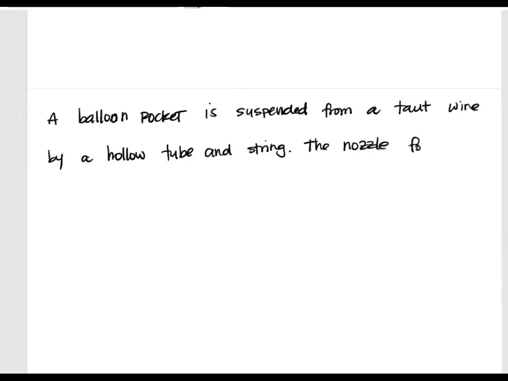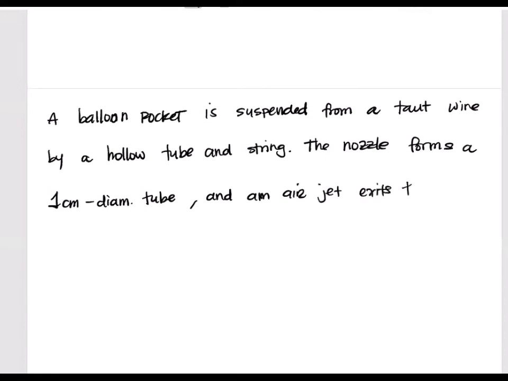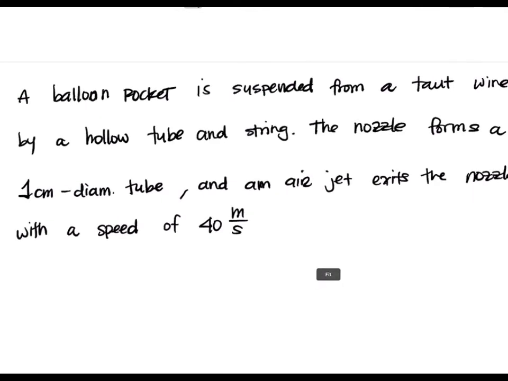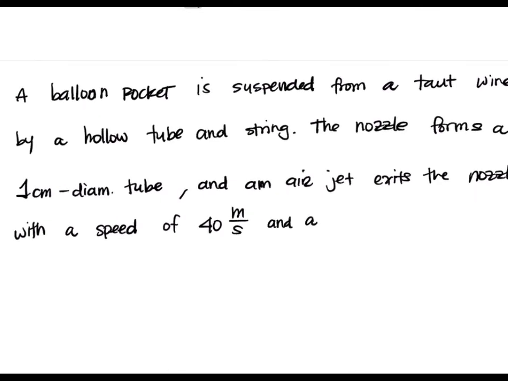The nozzle forms a 1 centimeter diameter tube, and an air jet exits the nozzle with a speed of 40 meters per second and a density of 1.2 kilograms per meter cubed.